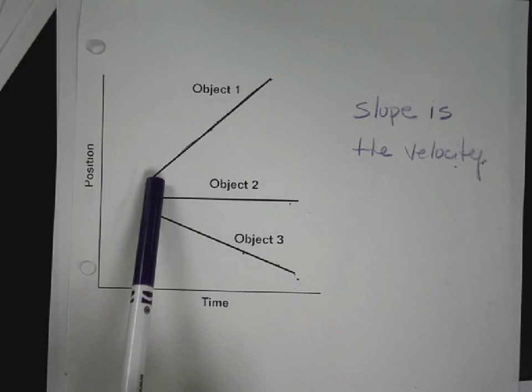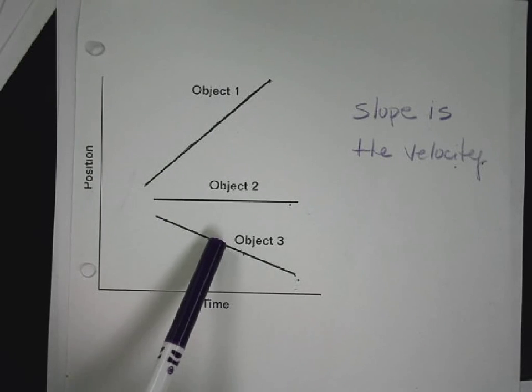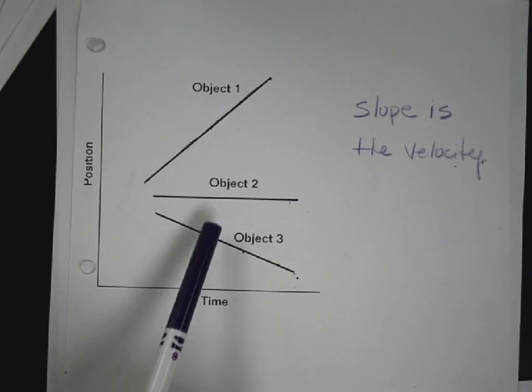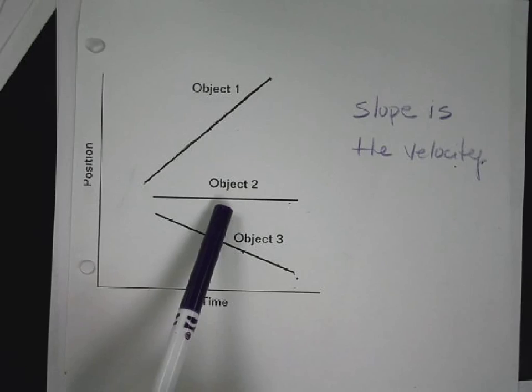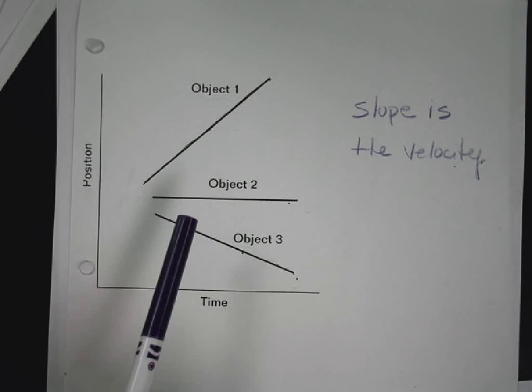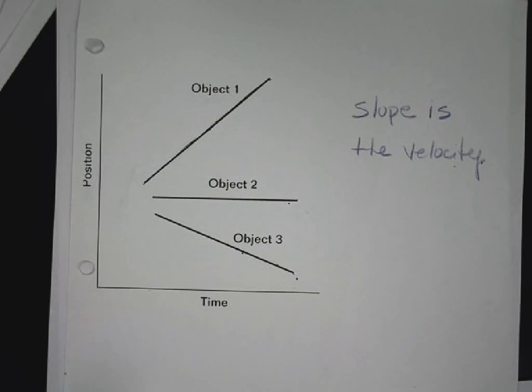So number 1 has the greatest velocity. Object 3 is the second fastest, and object 2 is not moving at all. There's no slope here, which means there's no velocity. It's standing still. So this is another way to compare velocity without actually having numbers. You can compare the slopes of the lines.